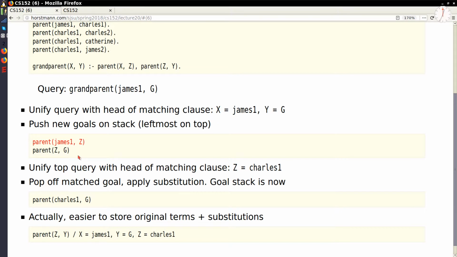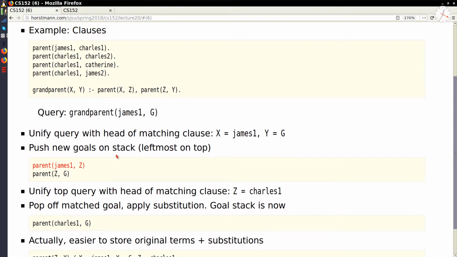Instead, it keeps a list of the substitutions and the goals are the original terms. So when you trace through the graphical tracer that you saw a couple of lectures ago, you will see the original terms and the list of substitutions.